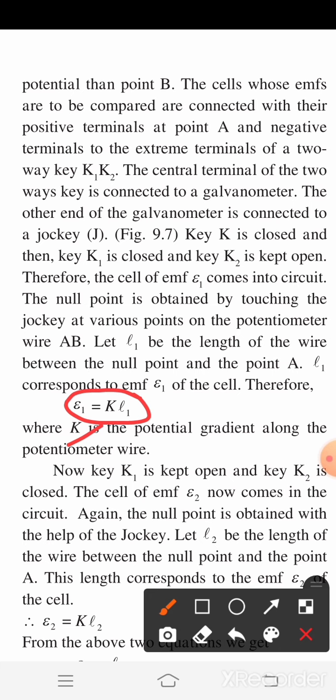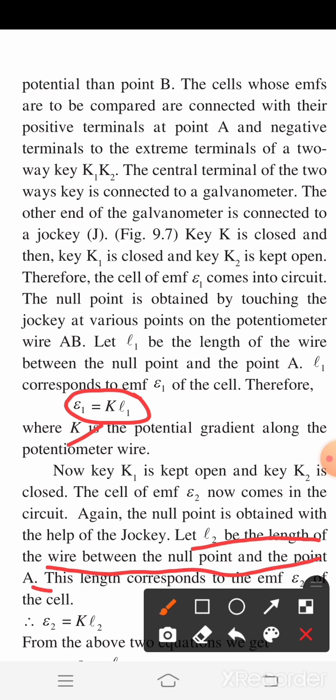Again we touch the jockey at different points of wire AB, and we get a single point along wire AB at which the galvanometer shows zero deflection, that is the null point. We measure the length of that null point from the higher potential point A, that is L2. Let L2 be the length of wire between the null point and the point A.